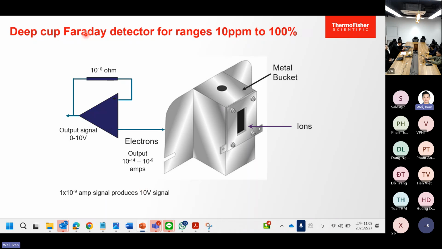Our mass spectrometer Prima Pro is using a Faraday detector that can range from ppm level to 100% level. Since we are monitoring processes, not environment or occupational health, we don't really need such low detection limits on the process. So Faraday detectors are really suitable for our applications.